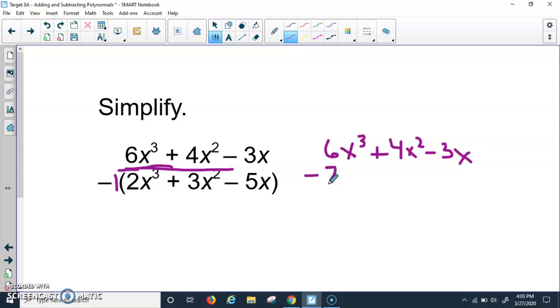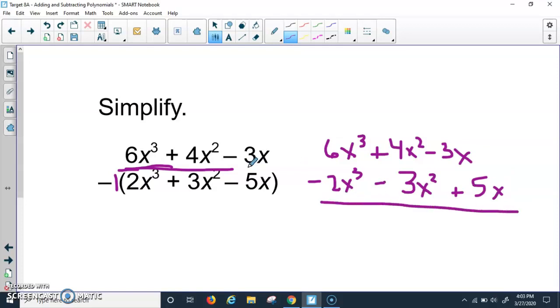So this goes minus 2x cubed. Negative 1 and a positive 3x is a minus 3x squared. And then lastly, a negative 1 and a negative 5x is plus 5x. I am just having some issues writing with this cursor.